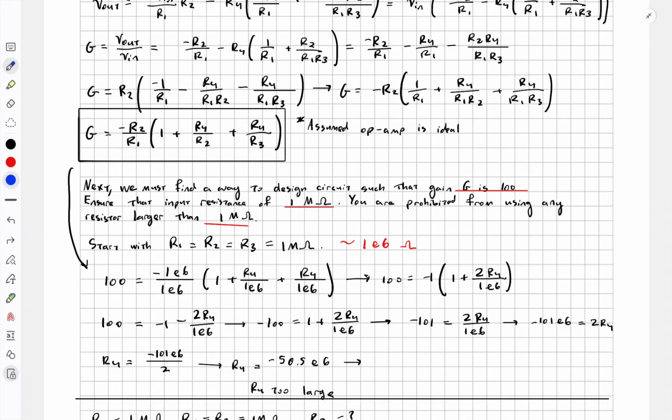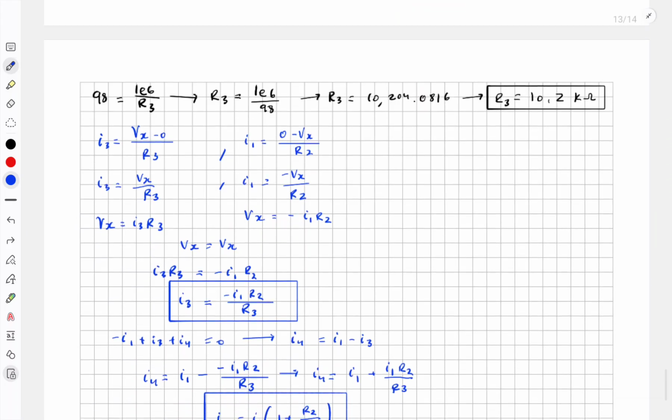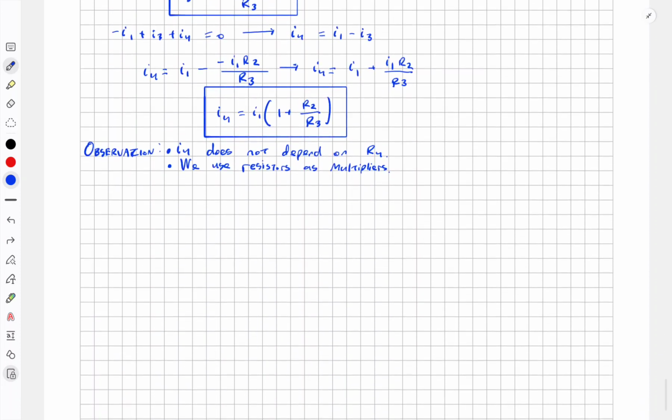In a short bit, we're going to learn about something called the weighted summer, which is like an analog circuit. It uses this principle of adding combinations of resistor multiply and divide to analogically do addition and subtraction.